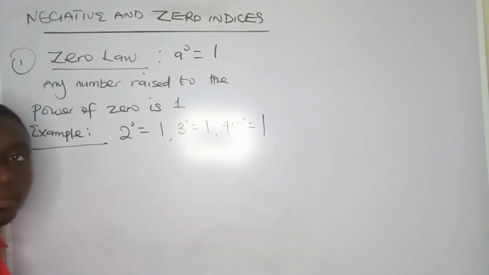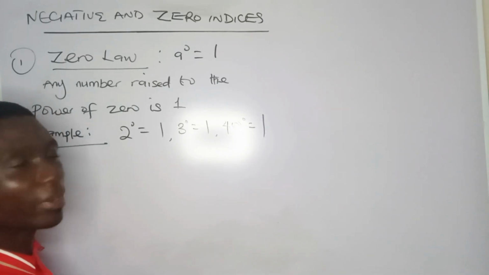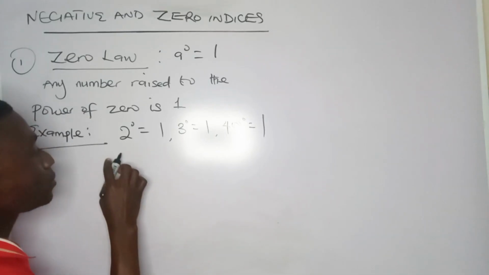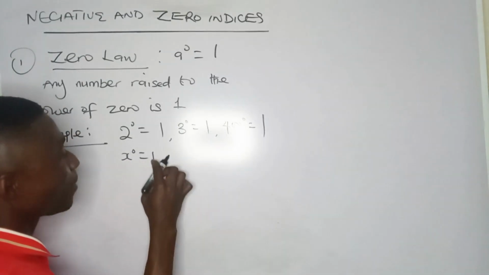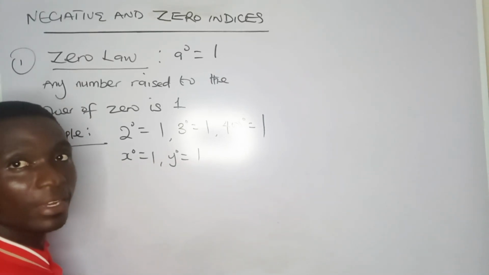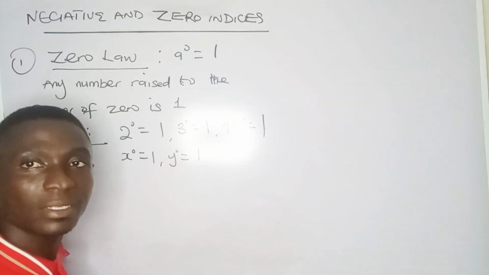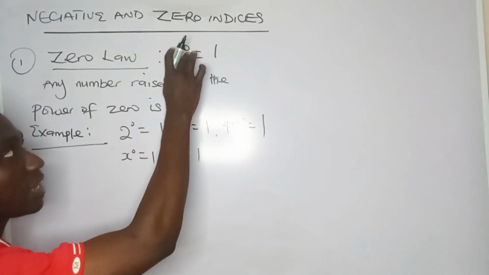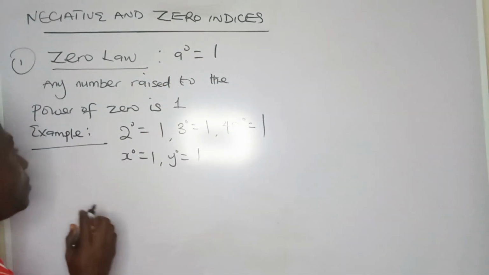Any number raised to the power of 0 remains 1 in mathematics, as well as any variable, that's any unknown. x to the power of 0 is 1. y to the power of 0 is 1. They are all 1. Any number or variable, which you can as well call unknown in maths, raised to the power, in this case index, and another name for index is power, equal to 0.